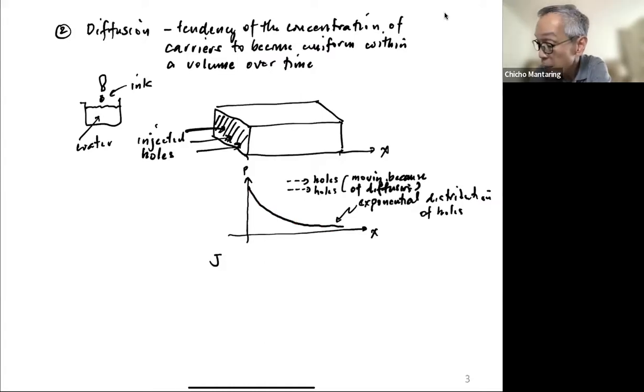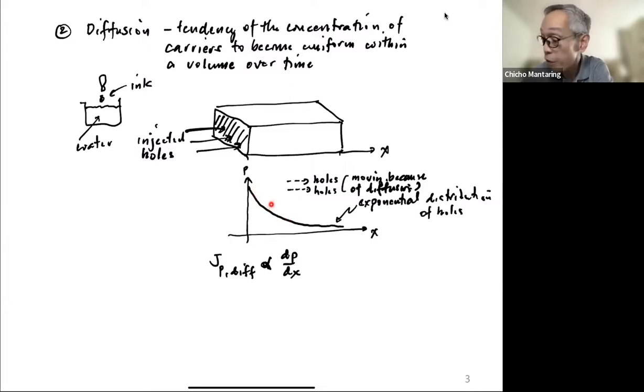My JP, due now to diffusion, is going to be proportional to dp/dx. No? Where dp/dx is the rate of change of p with respect to x. Okay. However, dp/dx is actually decreasing.